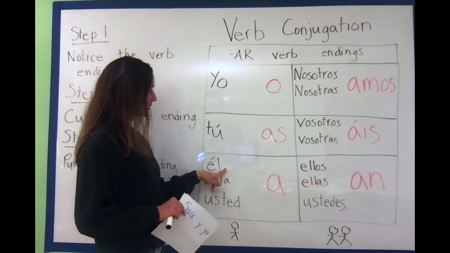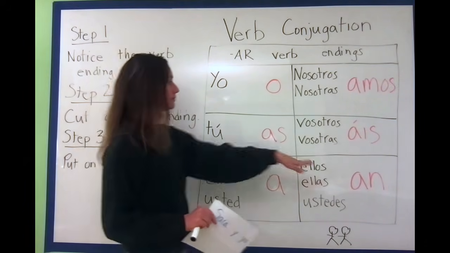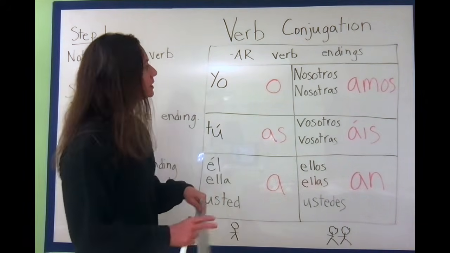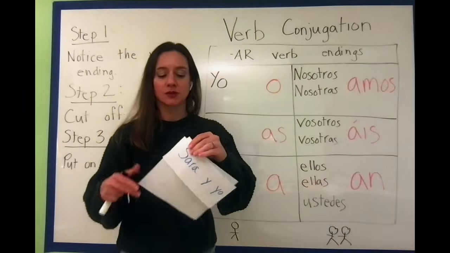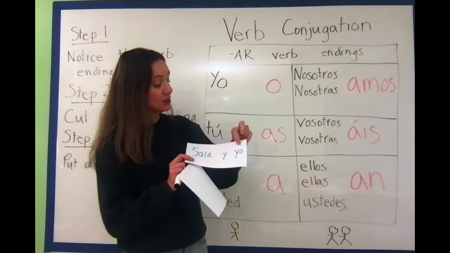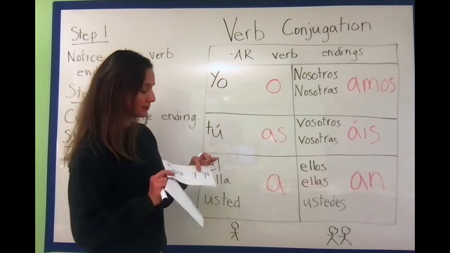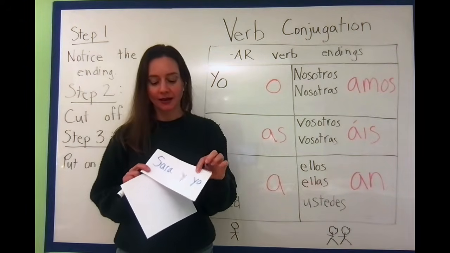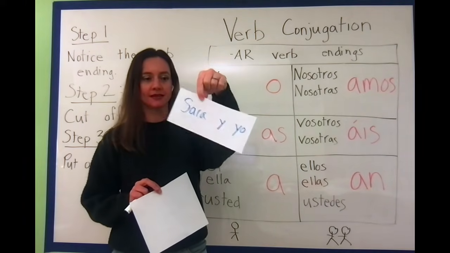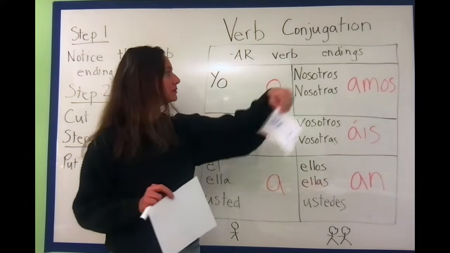And if you add one more person, then you're going to be popping on over here to ellos. So thinking about this one, Sara y yo means Sarah and I. What is one pronoun that could replace this whole phrase?